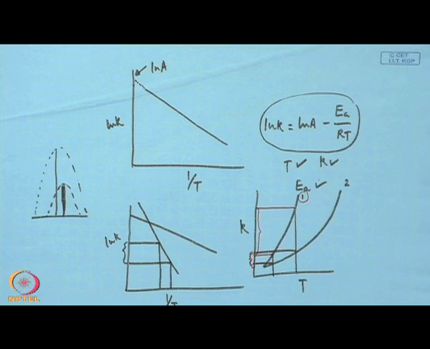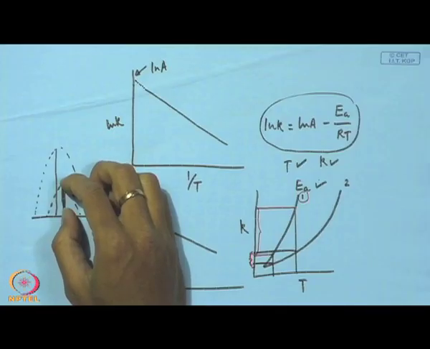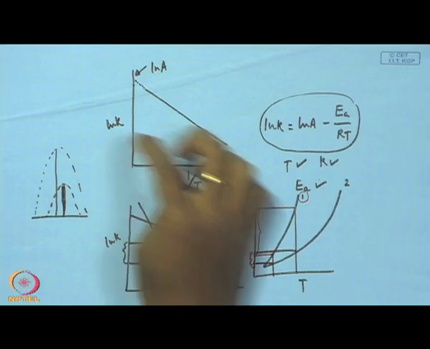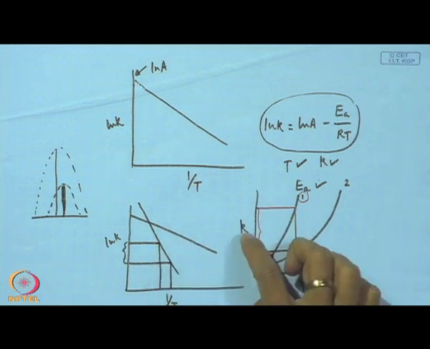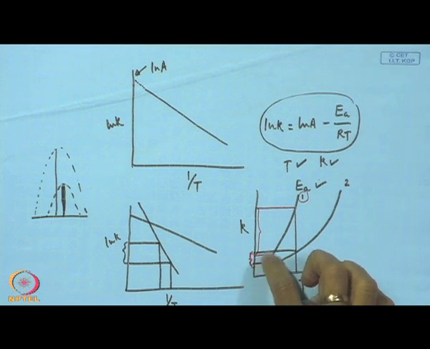Okay. So, that means small activation energy, weak or less temperature dependence, and the reaction is fast. So, fastness is related to the barrier height, and the steepness of your ln k versus 1 upon T plot is dependent on the amount of activation energy involved in the process.